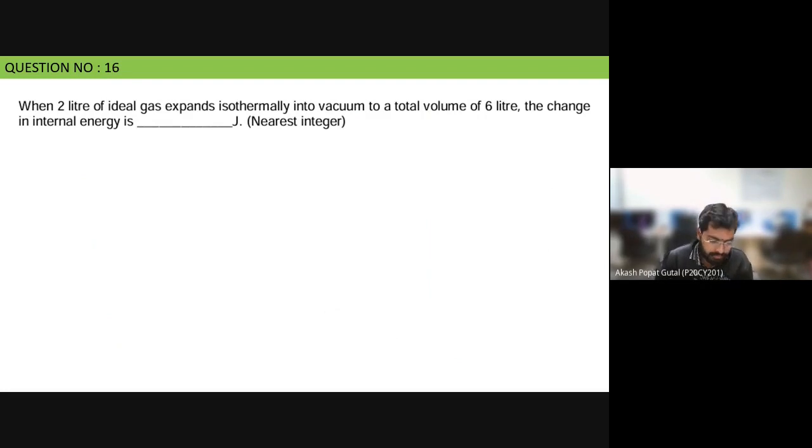The next question: when 2 liter of ideal gas expands isothermally into vacuum to a total volume of 6 liter, the change in internal energy is. So this is a simple question. I will give you 2-3 minutes. Quickly, you can give the answer.